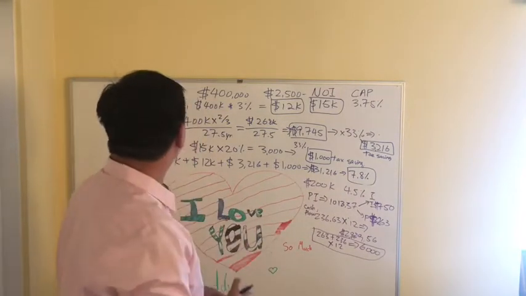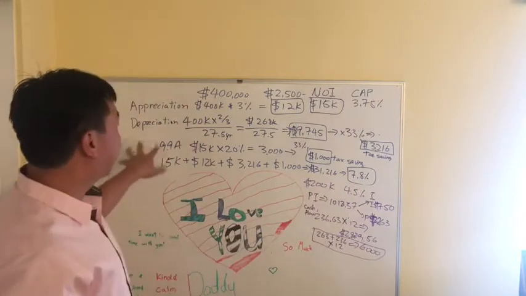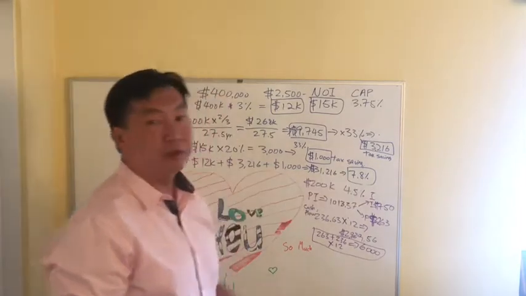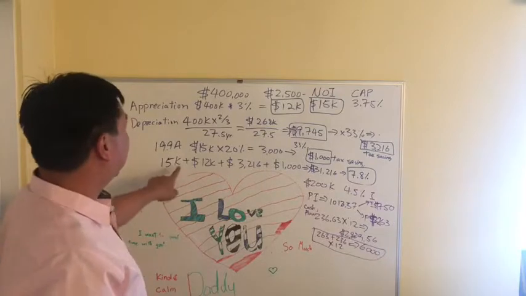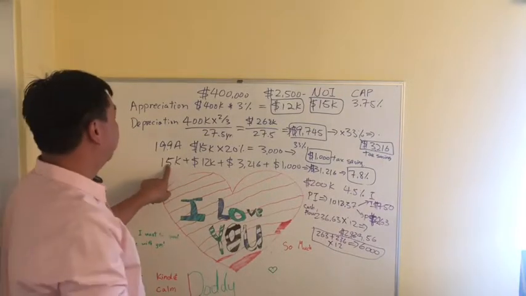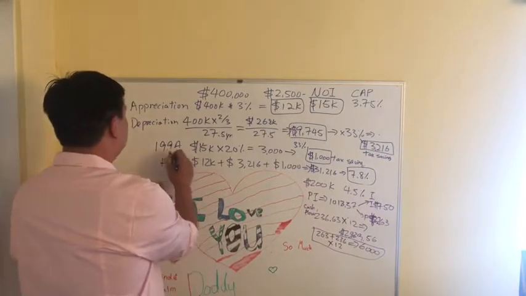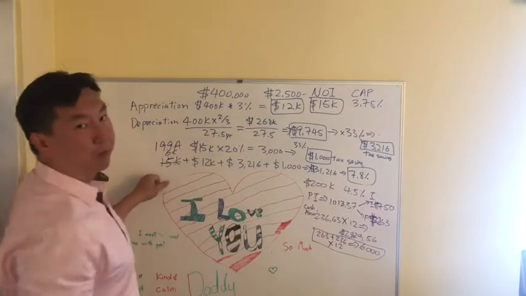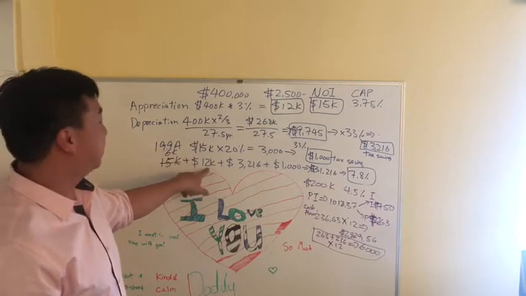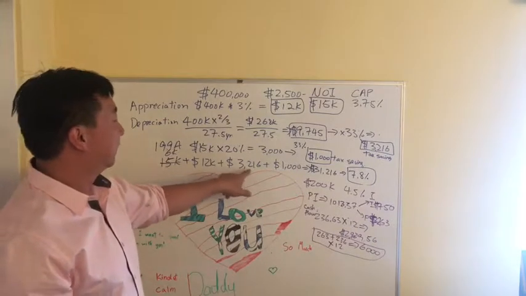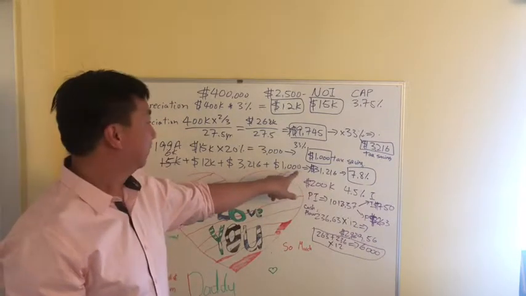Got that so far? Let's look at the real return now. This number went from 15K to 6K. I know, bummer, right? And this number is the same. Appreciation is the same. Tax savings are the same.